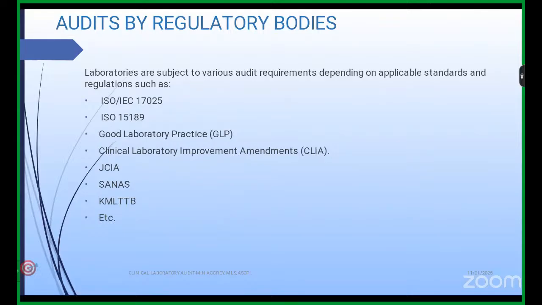Audits by regulatory bodies. We have laboratories that are subject to various audit requirements depending on the applicable standards and regulations. And these standards come from the institutions that I've listed here.